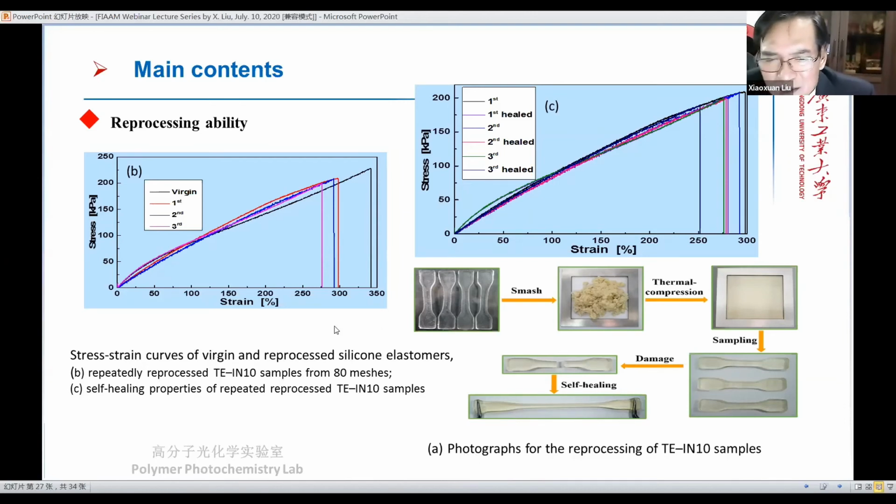So this method is used for the reprocessing ability of the silicone elastomer.